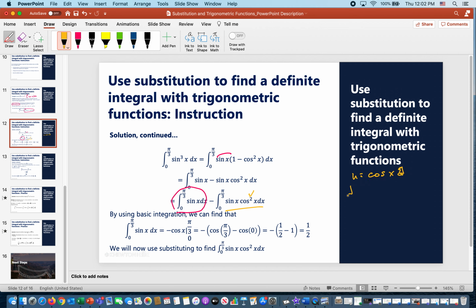Du is negative sine x dx, right? So we can make some substitutions right here. And this integral, this yellow one, is going to go to the integral of u squared. There we go, u squared. And I'm going to replace the sine x dx with negative du. So it's negative right here.